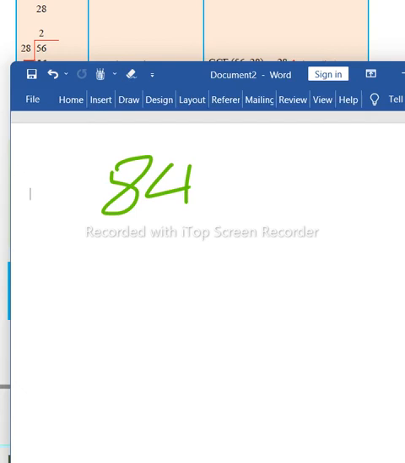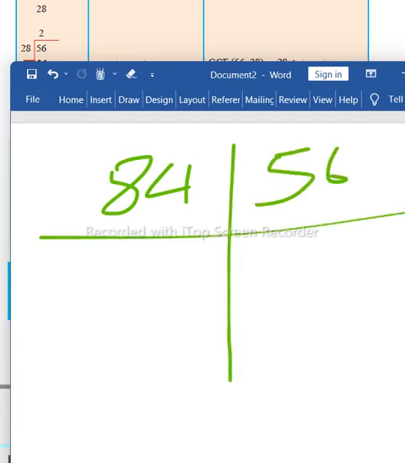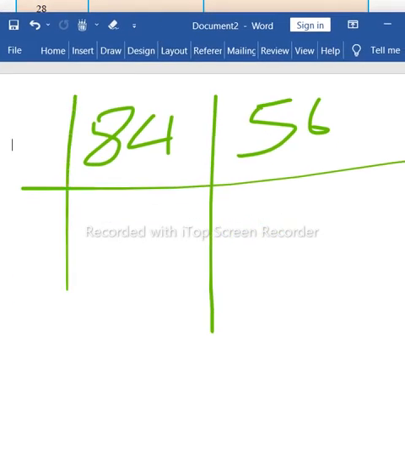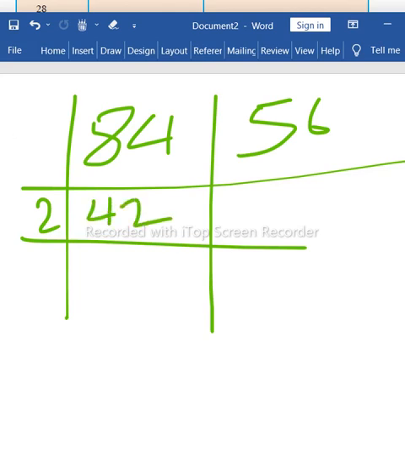When we divide each by 2, 84 divided by 2 is 42, and 56 divided by 2 is 28.